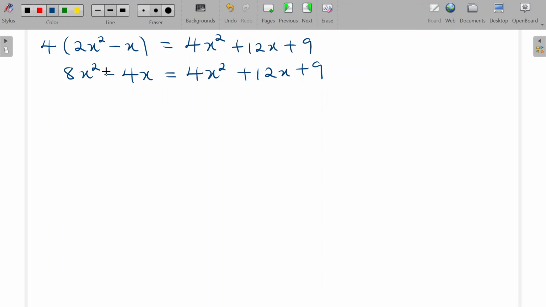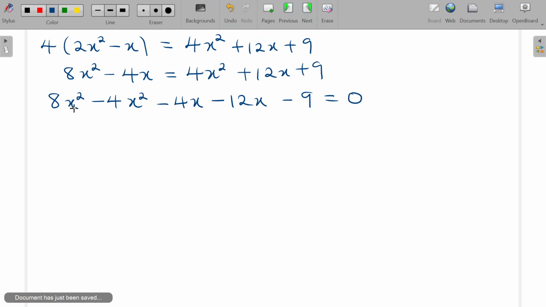I take this side: 8x squared, then minus 4x squared, then minus 4x, then the positive 12x comes this side as minus 12x, and the 9 comes this side as minus 9, equals 0.